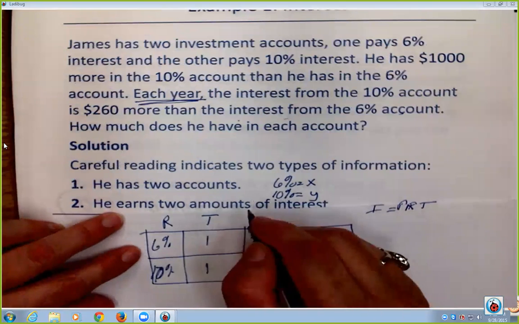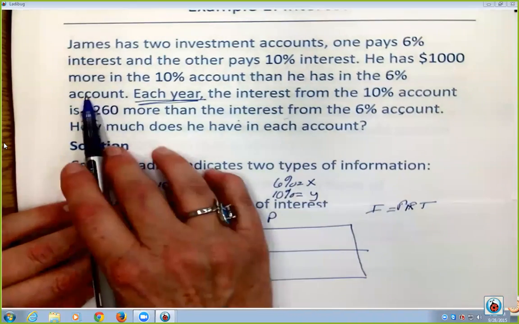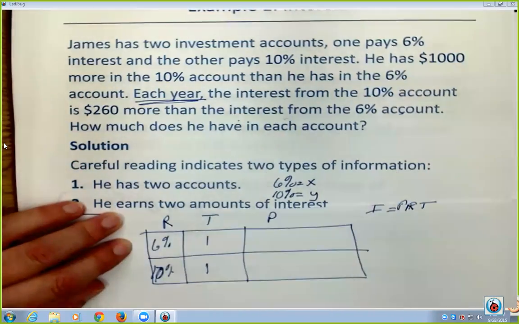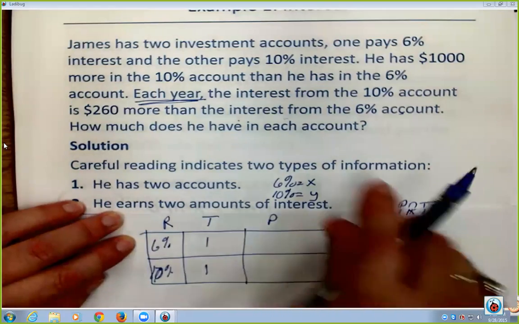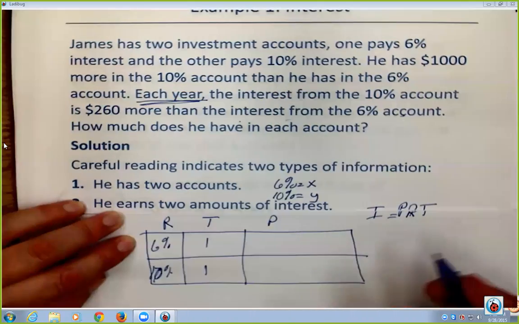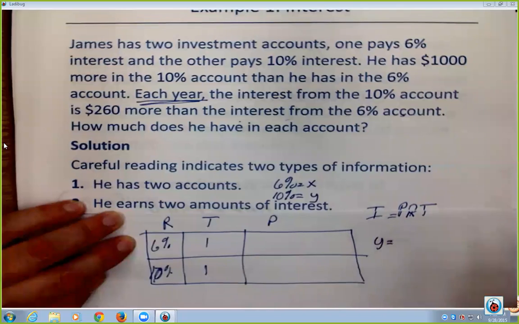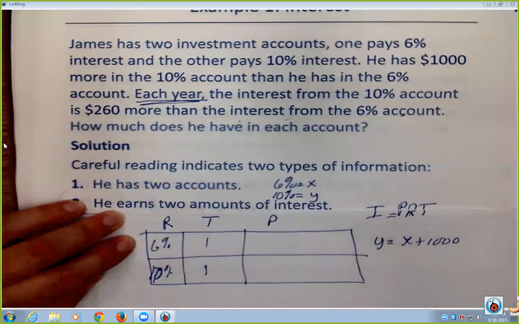And then what we need to know is what did he put in for a principal into each? And he has $1,000 more in the 10% account than he has in the 6% account. So what in the world does that mean? Kind of goes back to the ones we just got done doing. So if we look at the principal, he has $1,000 more in the 10% account than he has in the 6%. So Y is going to equal X plus 1,000, and that's what he would end up having within his principal for what he has.